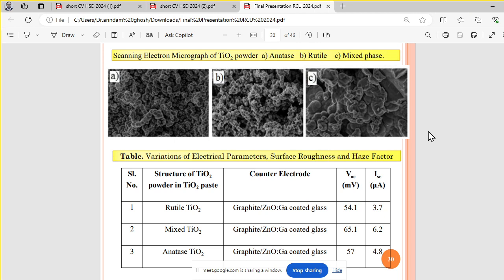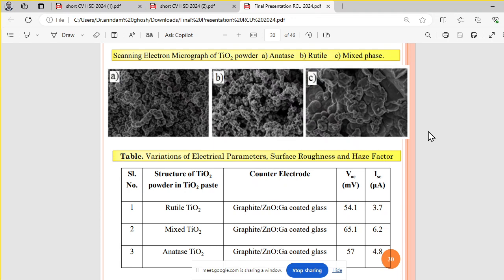So the efficiency is also compared for these three phases. It can be clearly seen from this table that the mixed phase shows a high open circuit voltage and short circuit current also. This is basically a room temperature deposited film.